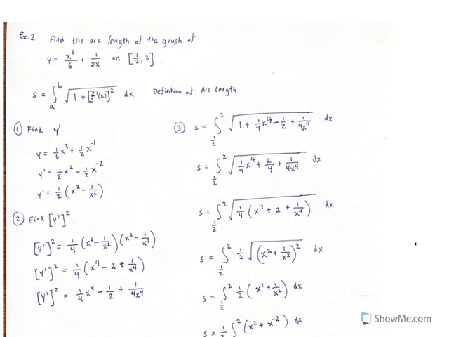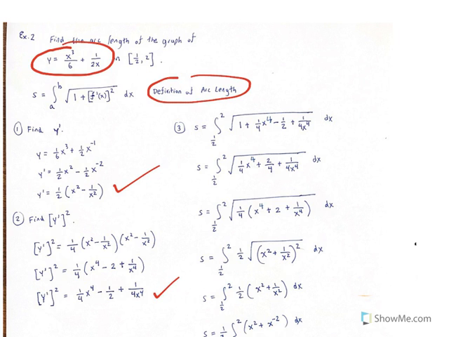So now we're ready to go back to the definition of arc length. Now that we have found the derivative of our function and we also squared it, we can substitute for the square of the derivative of our function that is a part of the radicand in the integrand.